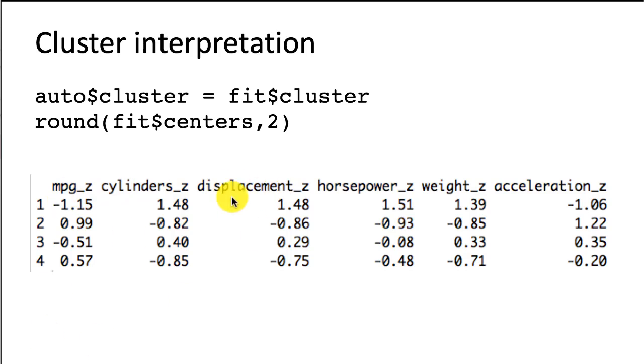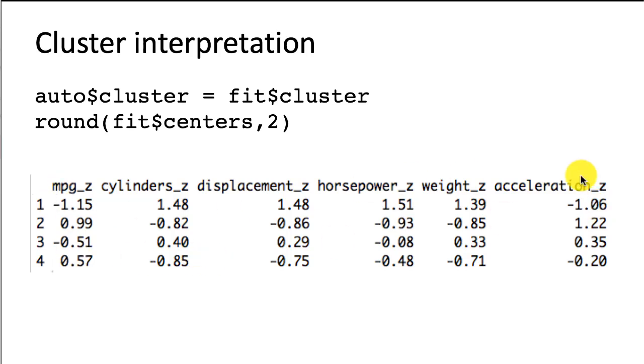It has a high number of cylinders, 1.48 standard deviations above the mean, and again high displacement, very high horsepower, very high weight, and low acceleration. That's what you'd expect. It's a heavy, big vehicle with lots of cylinders, so its acceleration is below the average by about a standard deviation.